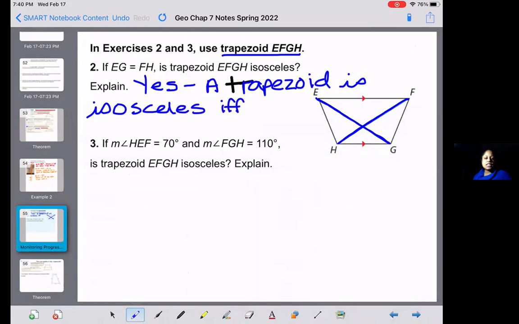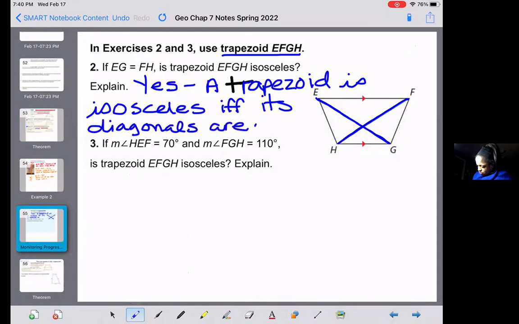So IFF stands for if and only if. All right.